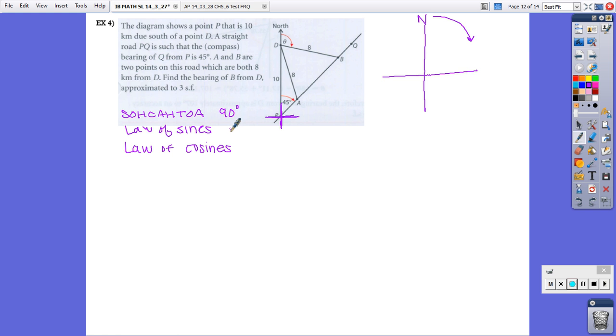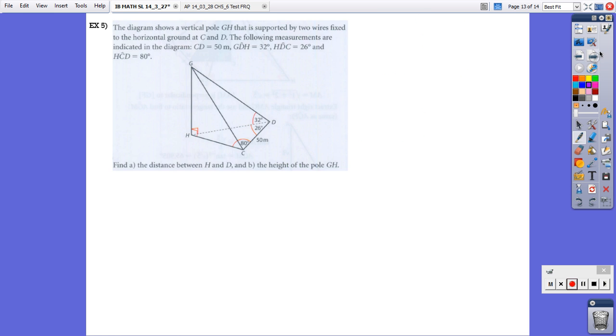Law of sines, you need one given ratio or pair of opposites, that says ratio and third piece. And then law of cosines works for SSS, which means you'll end up finding an angle, or it works for SAS, where you'll end up finding the third side. Okay? So, nice little application problem.